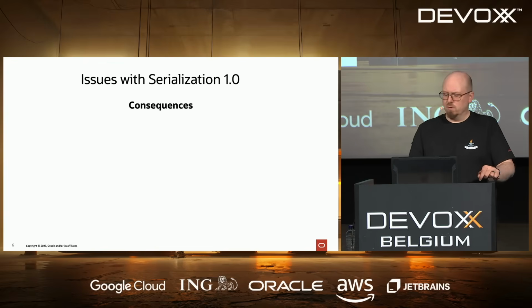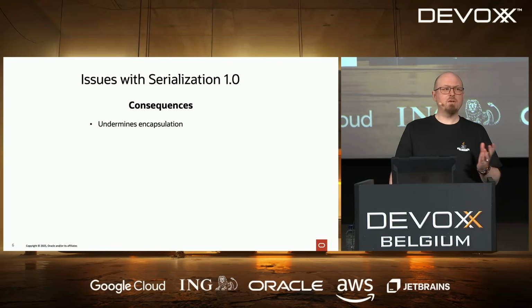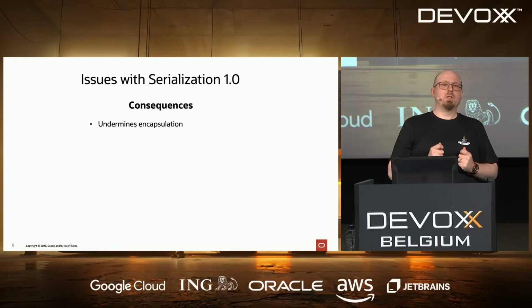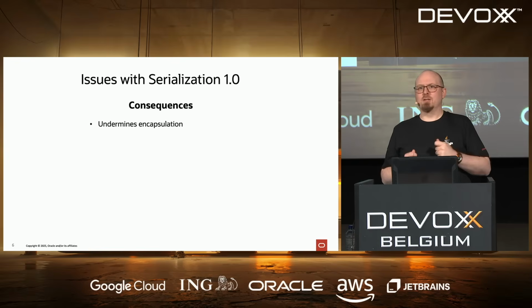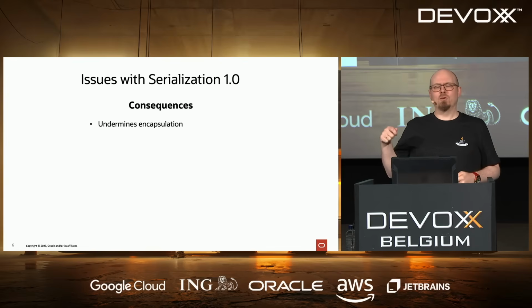All right, so what are the consequences of all of these choices? Well, we have a challenge because it undermines encapsulation. When you serialize an object, it doesn't go through the front door of that object and through access control and do the right thing, but it really reaches into that object and does what it needs to do.